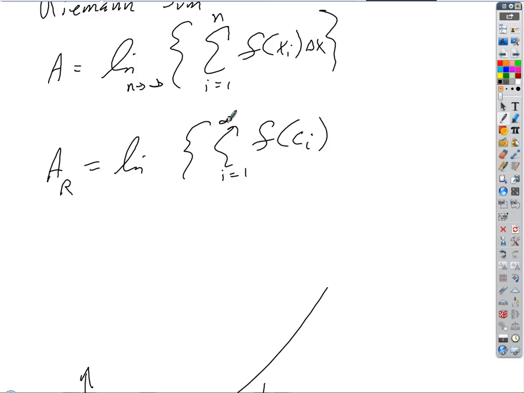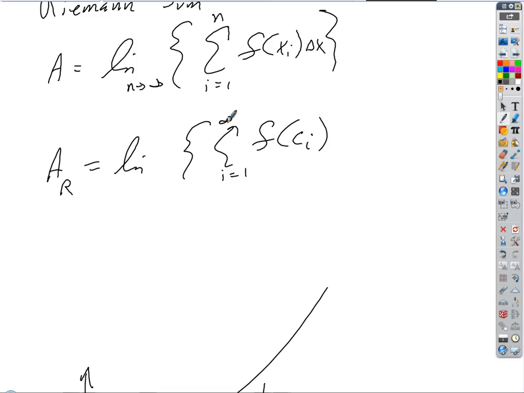So the book's going to write this as the norm goes to... where's my Riemann sum? Right here. Okay, that's fine. So 1 to n.